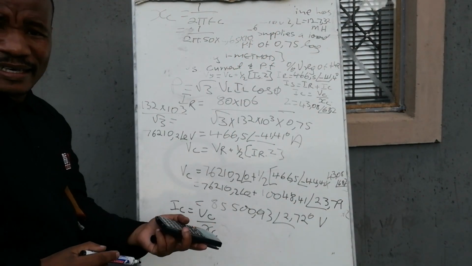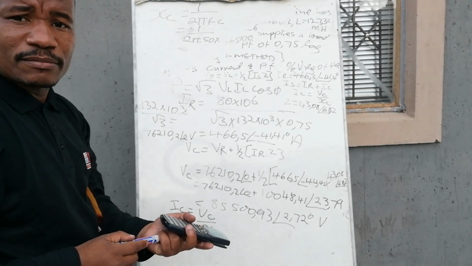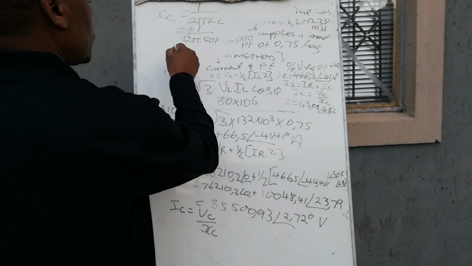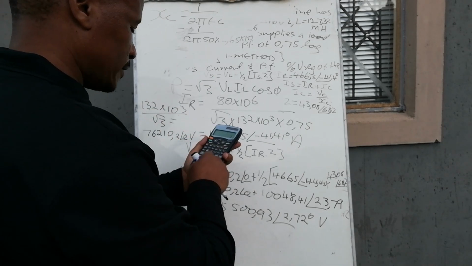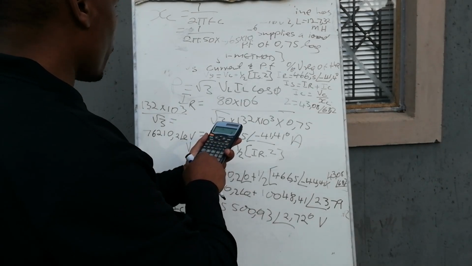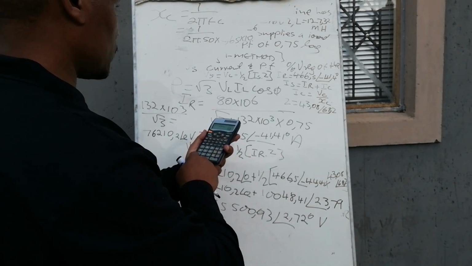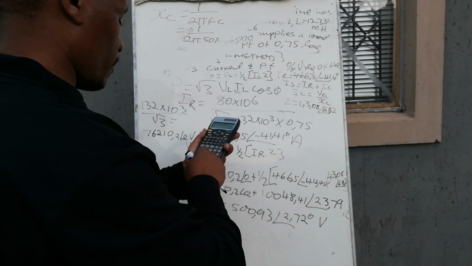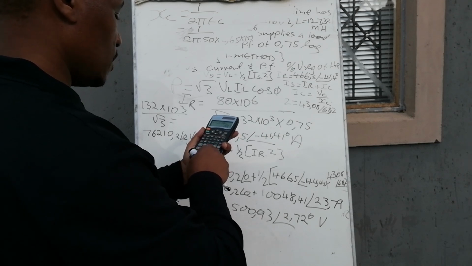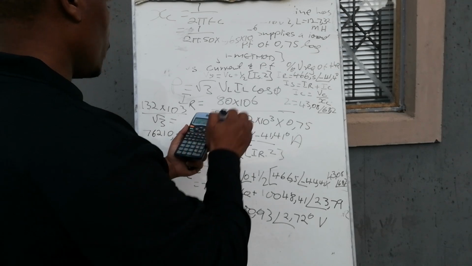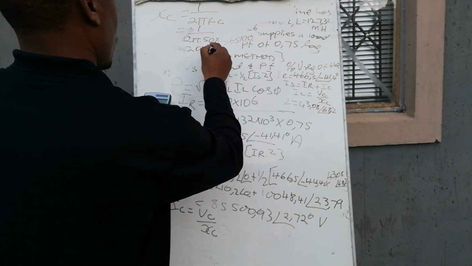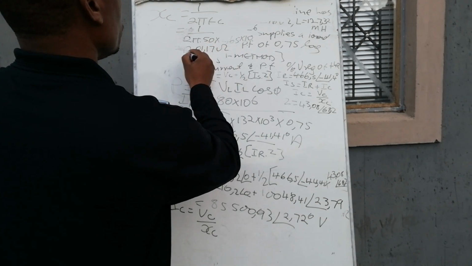The microfarad means minus 6. And it is equal to 1 divided by open brackets 2 pi multiplied by 50 multiplied by 2.65 exponent minus 6, closing brackets. Answer: 1201.17 ohms.